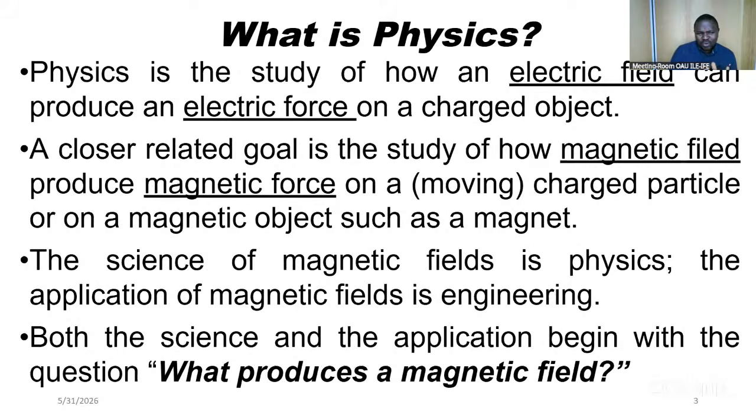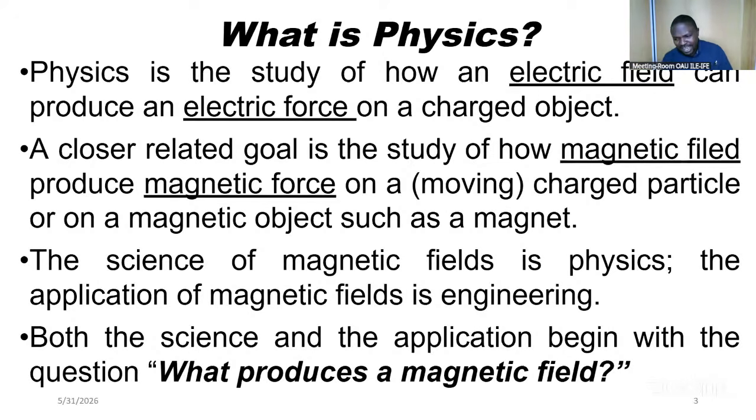So we can now say that for magnetic field, physics is how a magnetic field produces magnetic force on a charged particle. But may I tell you, an electric field can produce force even if the charge is stationary.